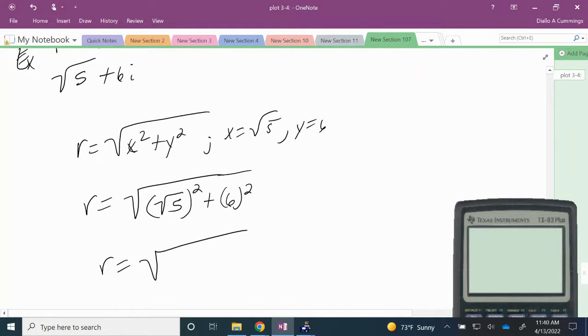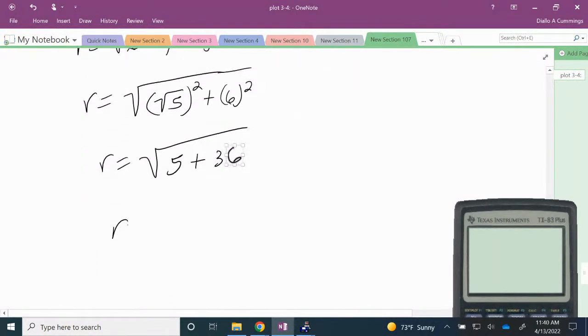Now this is all within the square root. When you square the square root, the square and the square root cancel. That leaves 5, plus 6 squared is 36. The square root of 5 plus 36 is 41. So we have this absolute value as the square root of 41.